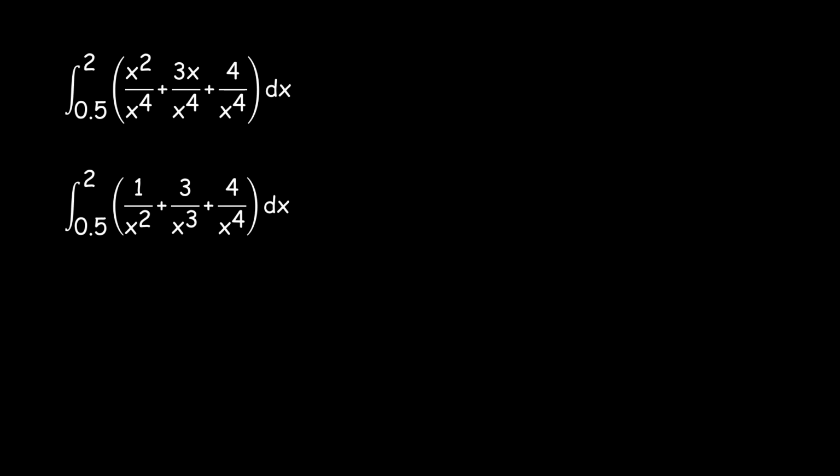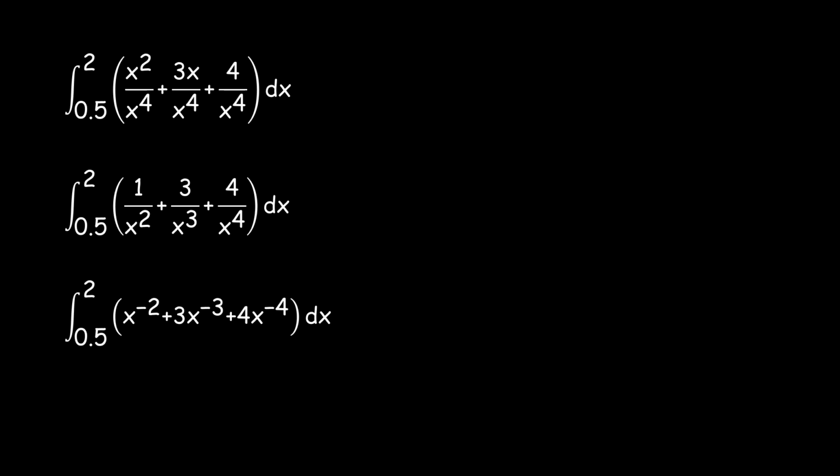Alright then, using the notion of negative indices, we can see that the powers of each of them are negative 2, negative 3, and negative 4 respectively. Integrating that is simply adding 1 to each of those powers, right? And then dividing by the new power.